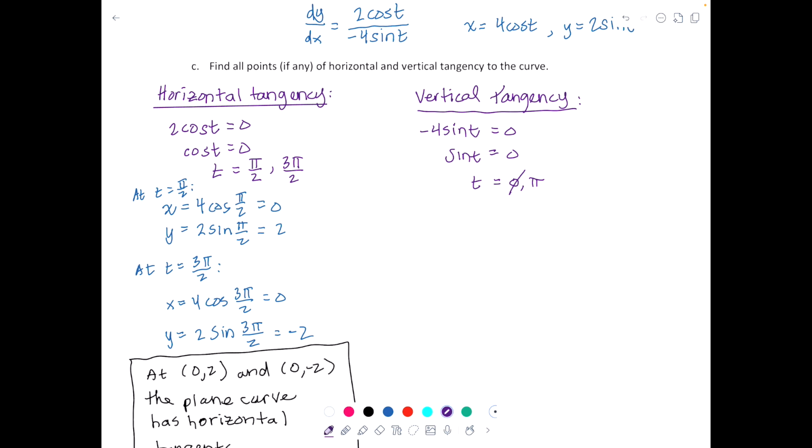And so that means we'll have at t equals pi, we'll get x equals 4 times cosine at pi, which will be negative 4, and y will equal 2 times sine at pi, which is 0.